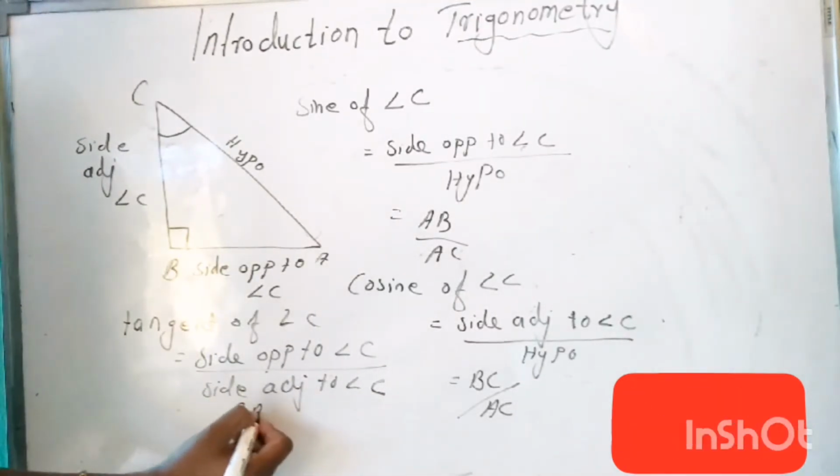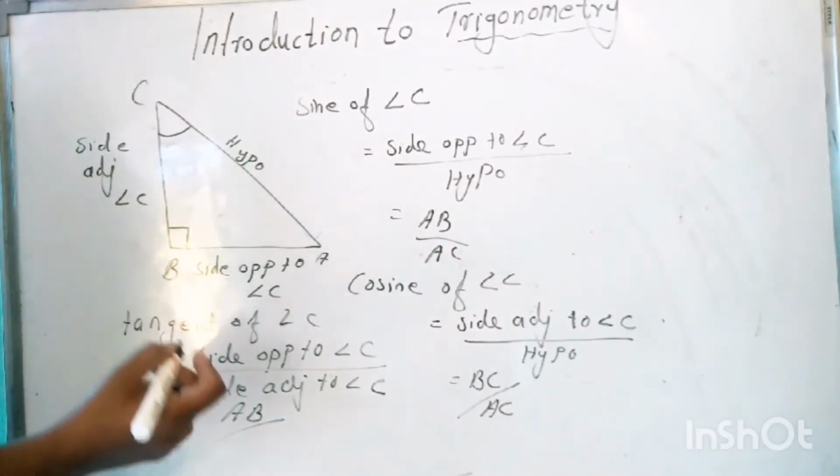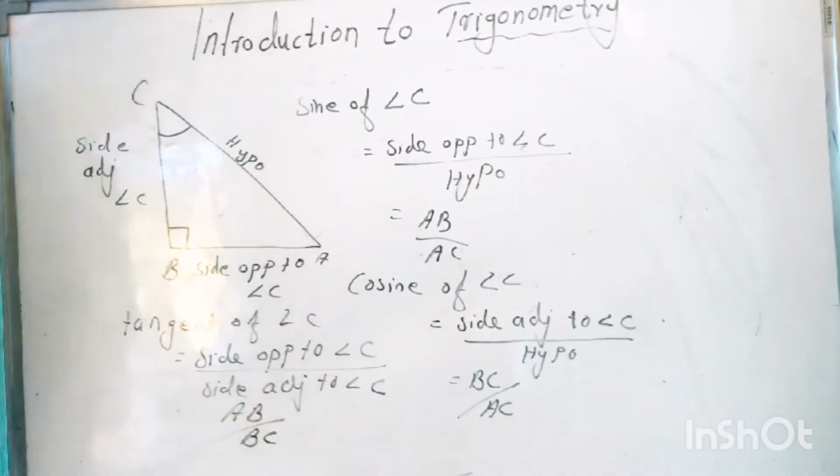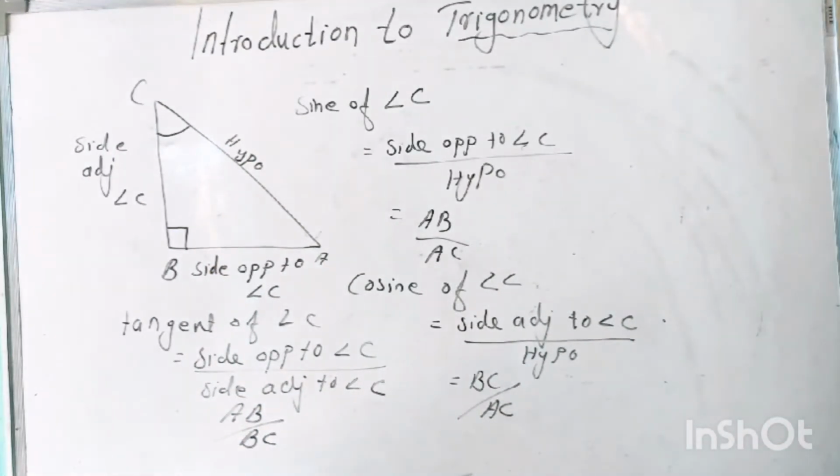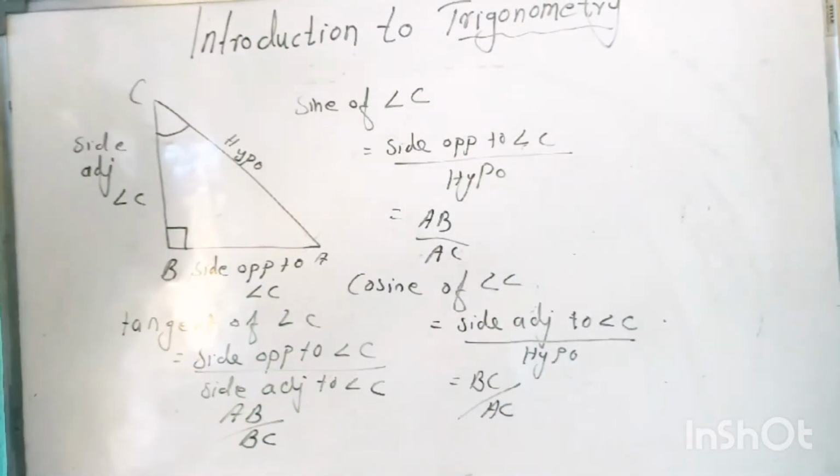That is AB, and the side adjacent to angle C is BC. AB divided by BC. Third one is tangent of angle C.